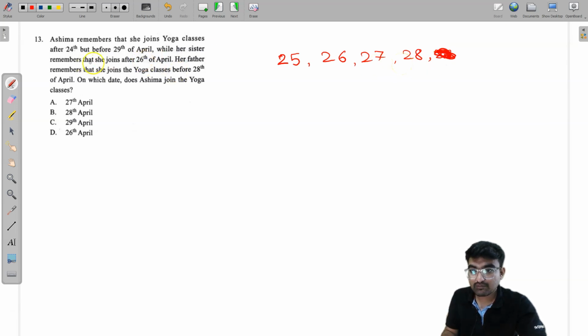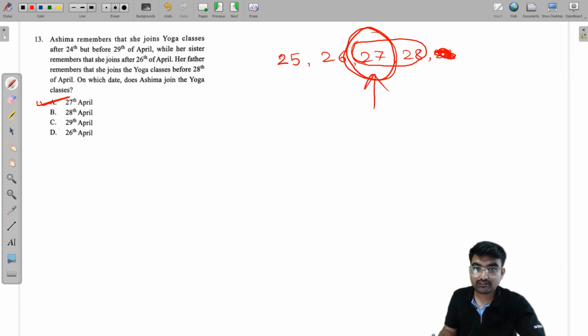While her sister remembers that she joins after 26. That means there are only two options left, that is 27 and 28. Her father remembers that she joins the yoga classes before the 28th. So the only option left is 27th April. Right? So option number A. Correct?